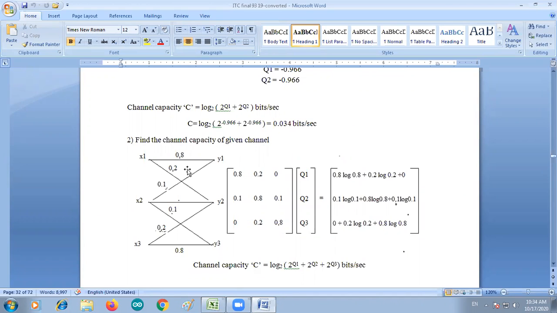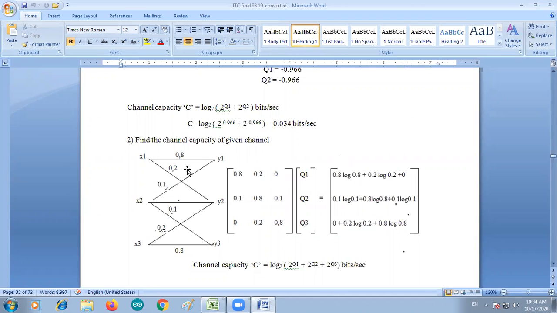Two binary symmetric channels are arranged in parallel, not in series. The series one is the cascaded one. Now the two channels are arranged in parallel.